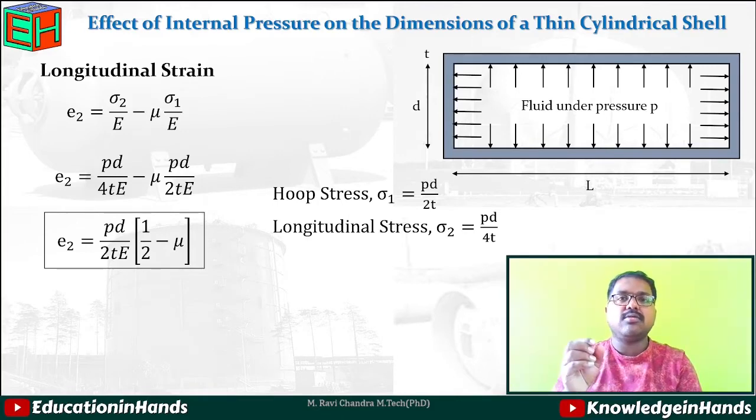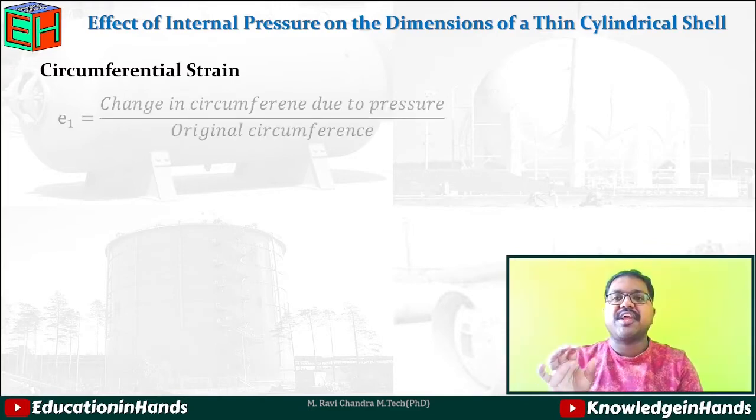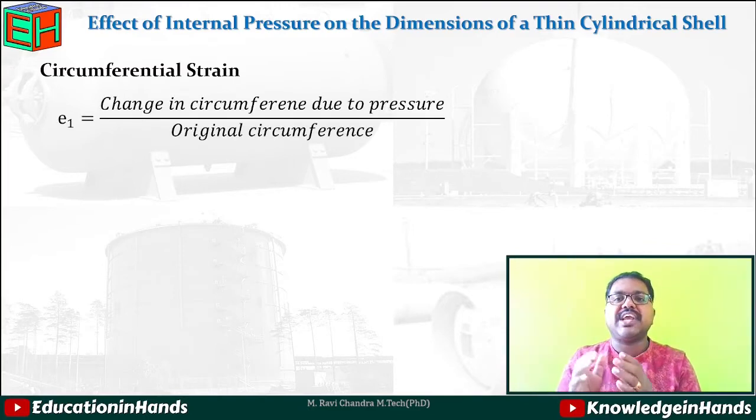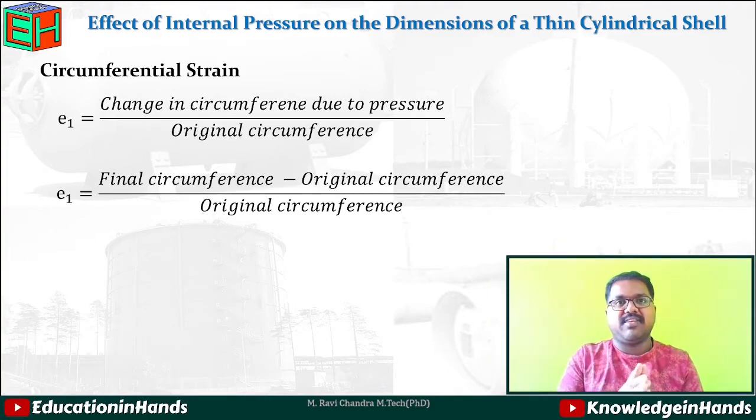But according to the theoretical formula, the circumferential strain is equal to the change in circumference due to pressure by the original circumference. The change in circumference is the final circumference minus the original circumference.